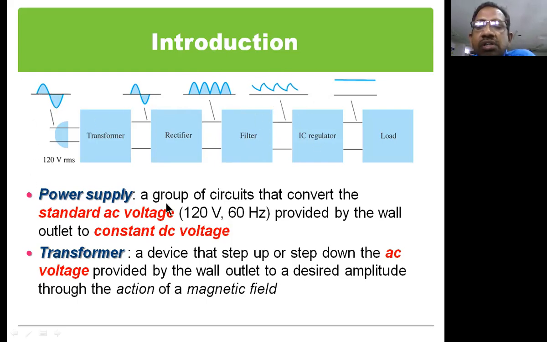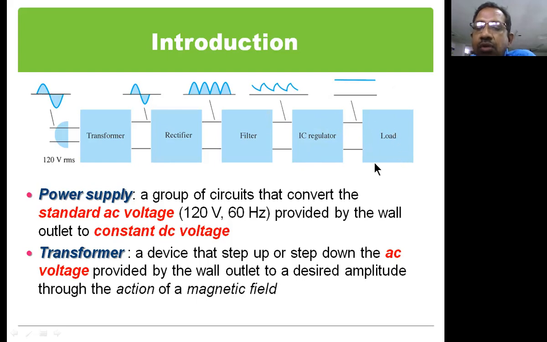Changes in the input voltage, changes in the load resistance, and changes in the overall temperature of the circuit. These are the basic reasons for these fluctuations. So we use a regulator circuit in order to get a constant DC output voltage, which is normally applied to the load.